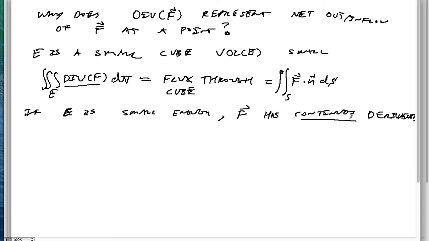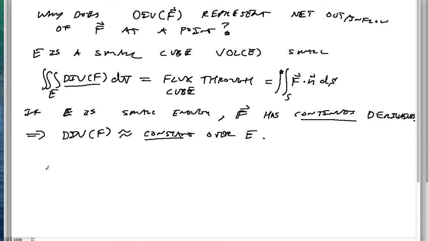That's what continuity really means when you break it down. It means that over small regions, you expect small changes in the derivatives of F. And that means as long as E is small enough, the divergence of F will be constant over E, right? Because if it's not constant enough, we can just make E smaller.